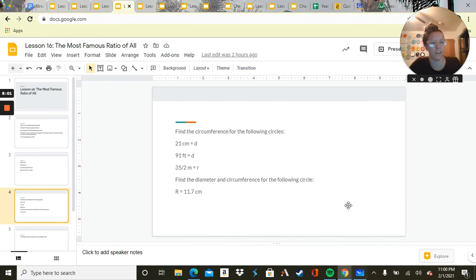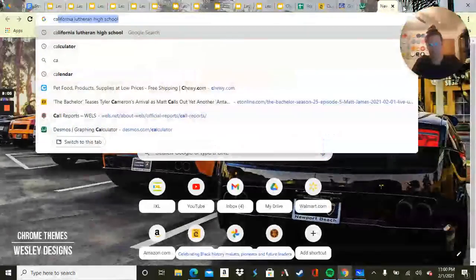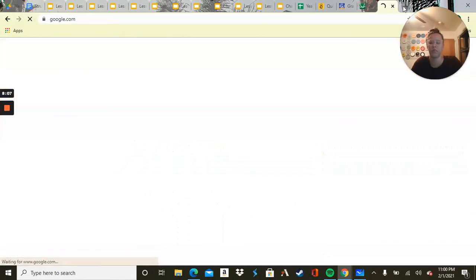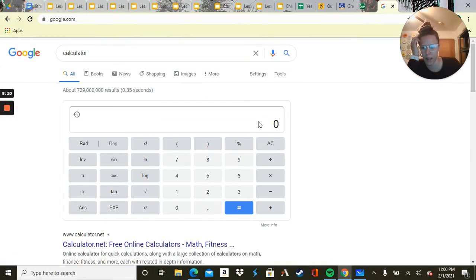Okay, so here's what we're going to do. We're going to go to an internet calculator. Interesting, there is no pi symbol. All right, so here's what you're going to do then. Let's just say we have that last one, 80 times pi.